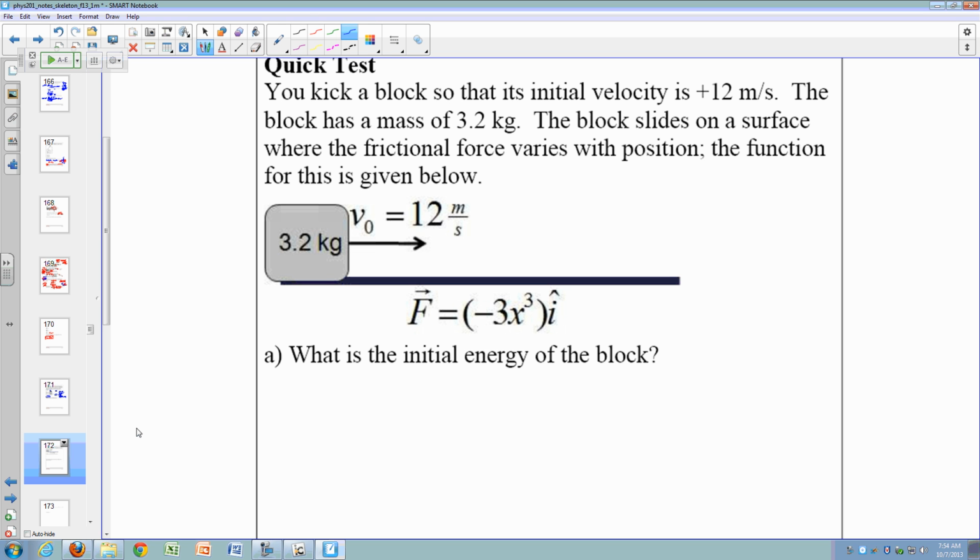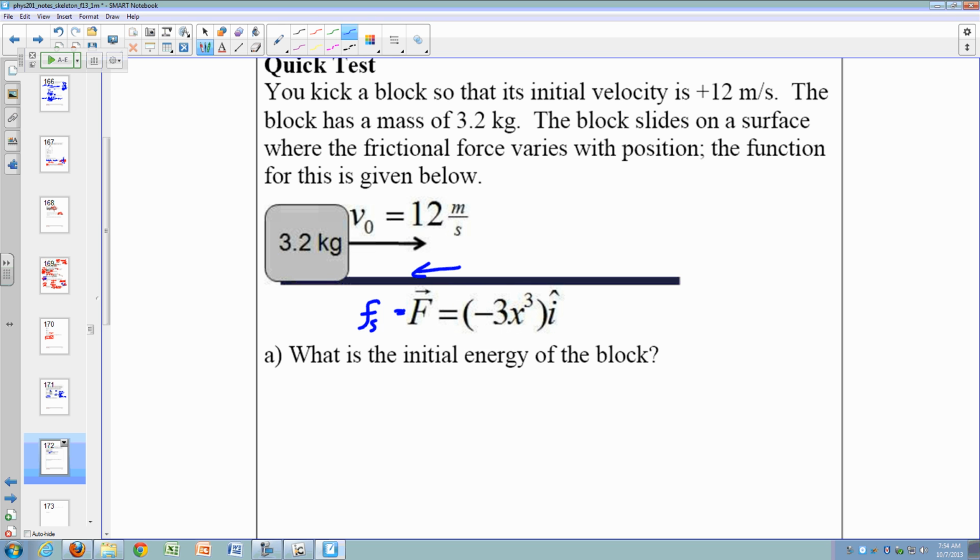The function is F equals 3x cubed in the i direction. All right, so it's actually in the negative i direction. You can think of this as a frictional force, if you want to, but it's just sort of a force. That force is going to be in this direction, opposite the motion.